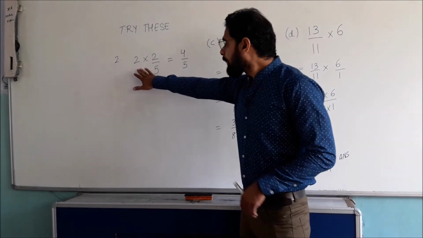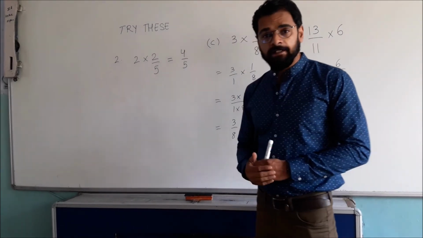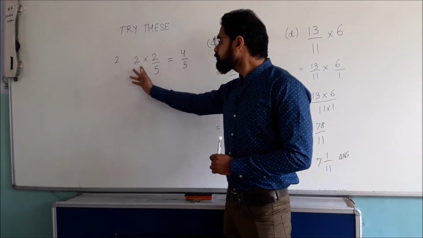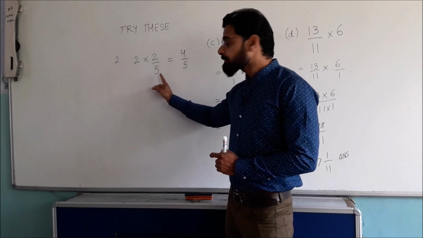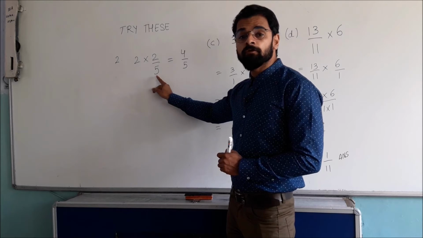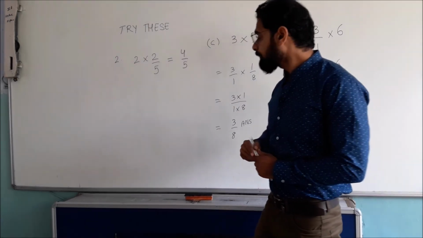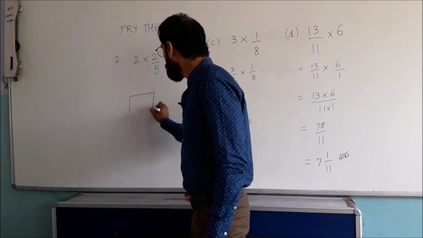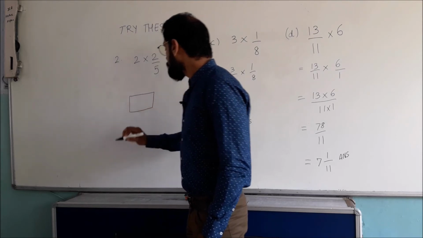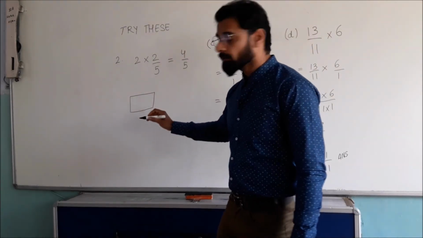Now here, how to represent its left hand side? I will be taking two pictures and each picture will be representing 2/5. So first of all, say I am taking a rectangular shape.